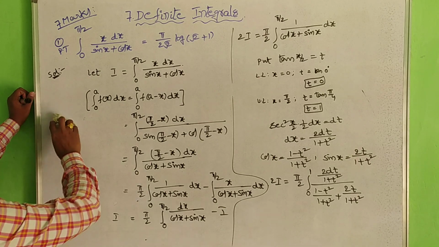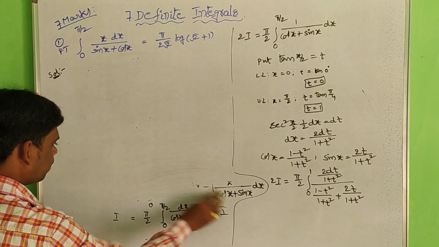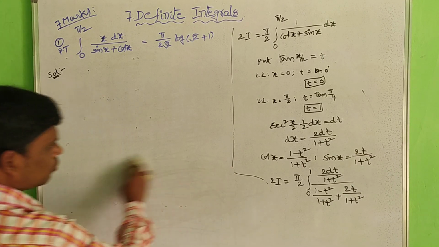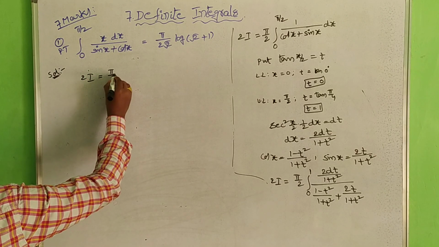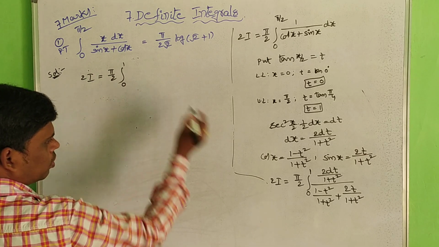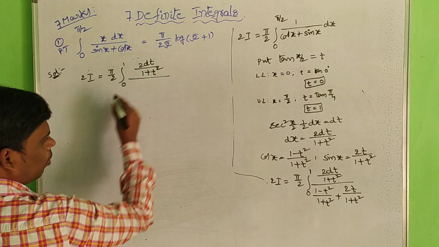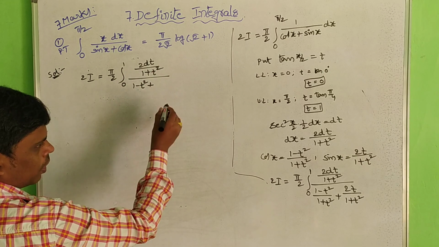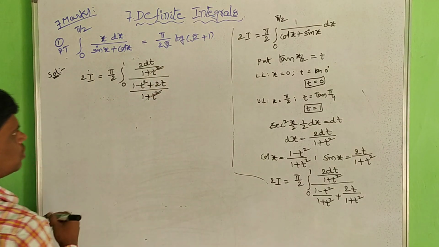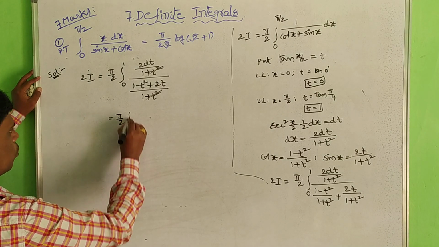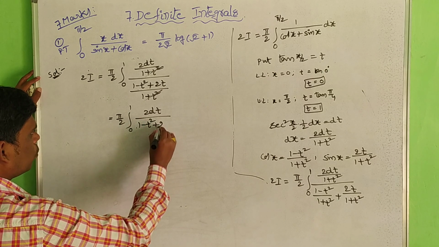The next step is I equals pi by 2 integral 0 to 1, take the LCM of these two terms, 2 dt by 1 plus t square whole by 1 minus t square plus 2t by 1 plus t square. 1 plus t square cancels. That equals pi by 2 integral 0 to 1 2 dt by 1 minus t square plus 2t.